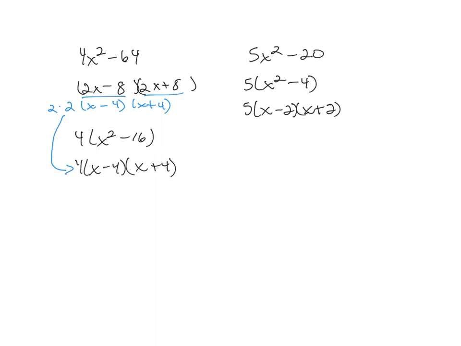Okay, so difference of squares, in my opinion anyway, is by far the easiest type of factoring because it's the same thing every time. Square root, square root, square root, square root. You just got to take into account what's in common.